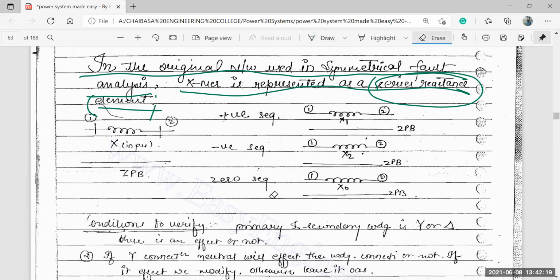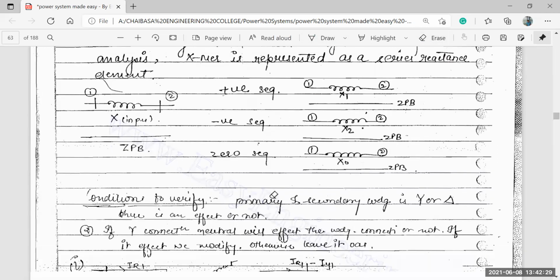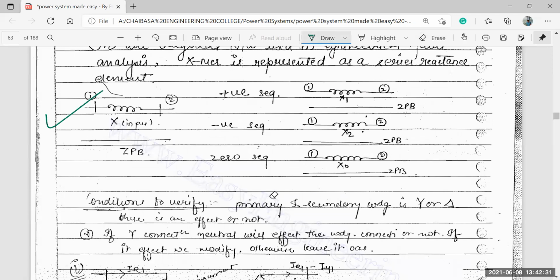In this particular point, this is your transformer in the per unit system.